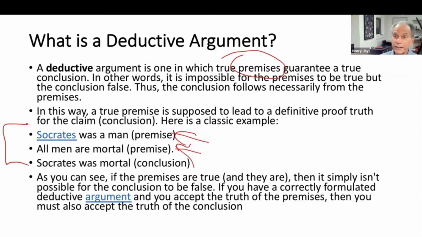And that guarantees, by logic, that Socrates was mortal. You can see if the premises are true, and they are in this case, then it's simply not possible for the conclusion to be false. If you have correctly formulated a deductive argument and you accept the true premises, then you must also accept the truth of the conclusion.